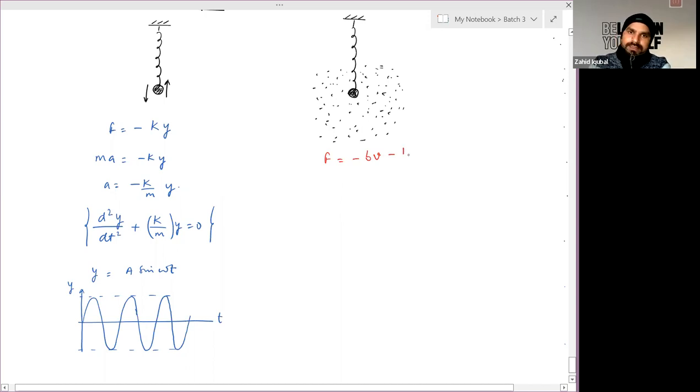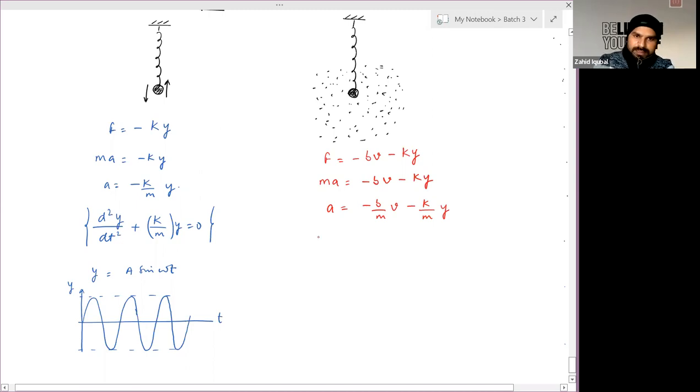And next is the spring force. So you may write force equals mass times acceleration equals minus B times V minus ky. Acceleration equals minus B by M into velocity and minus K by M into displacement.